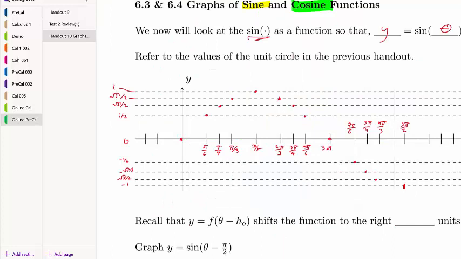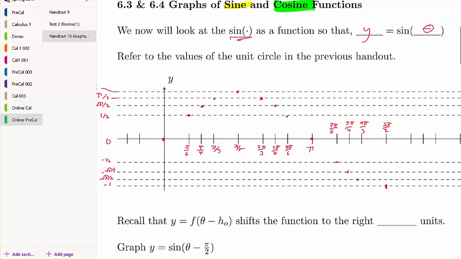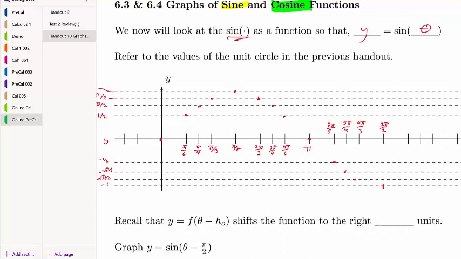Wrong spot, 3 pi over 2 down here at negative 1. And then we continue the pattern again. This time we are at 5 pi over 6, putting us right here.